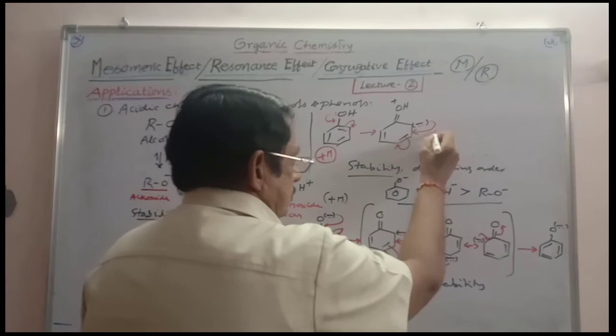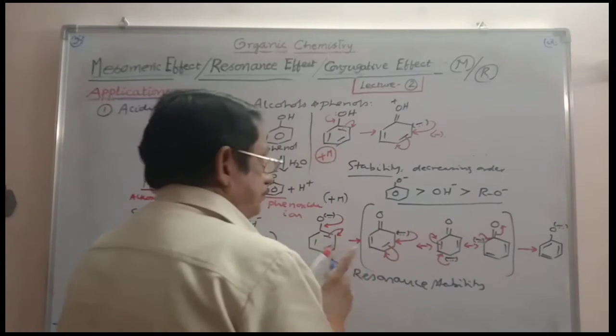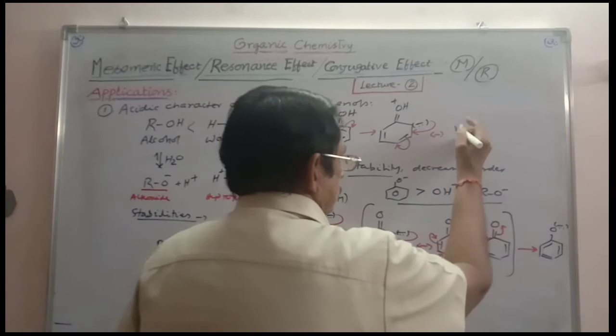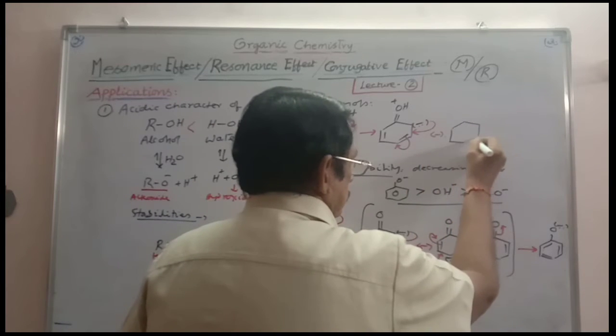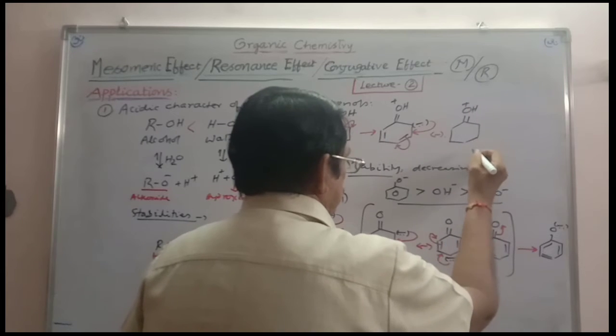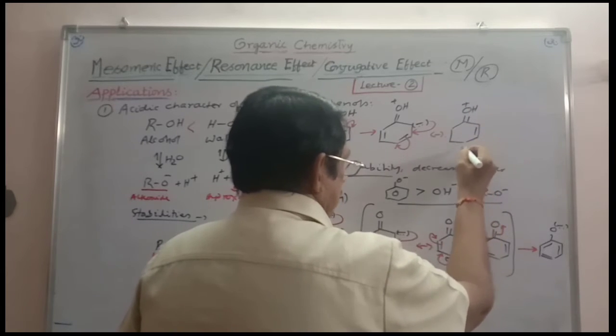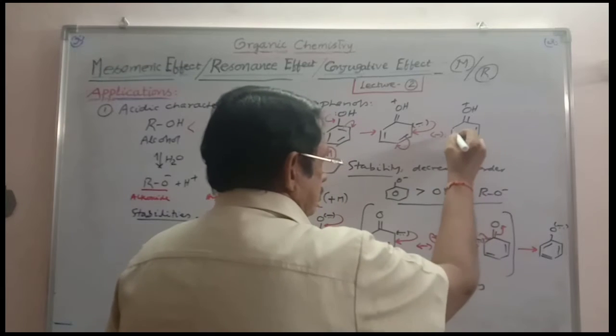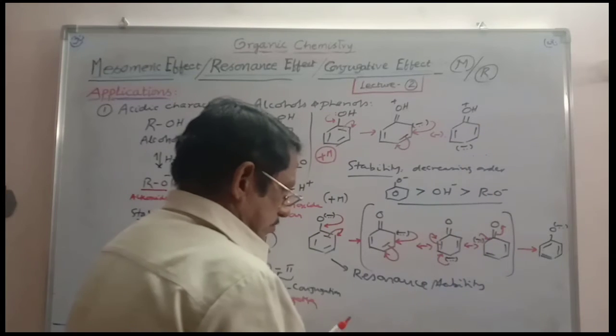So once again, what happens here? Double bond to OH, O plus, this charge is flowing like this. This charge is shifted towards the para carbon.